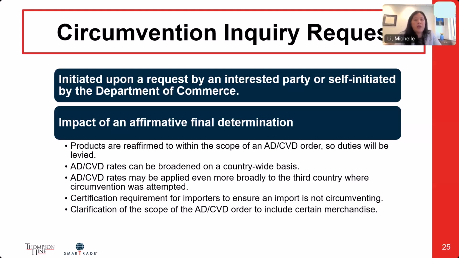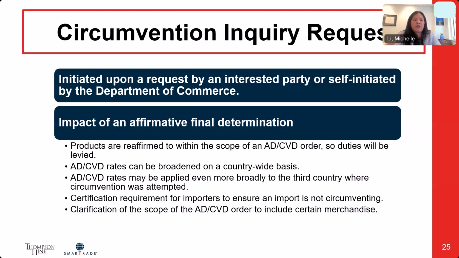But going back to circumvention. Circumvention can happen in many forms, and we discussed that mostly it is completed or assembled in the United States or another country from parts and components that are subject to the AD and CVD order, or there is some form of minor alteration of the merchandise subject to the order. There's a limitation though.